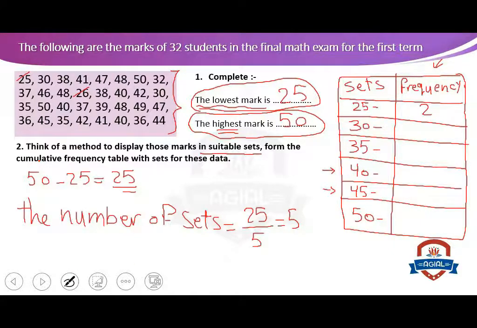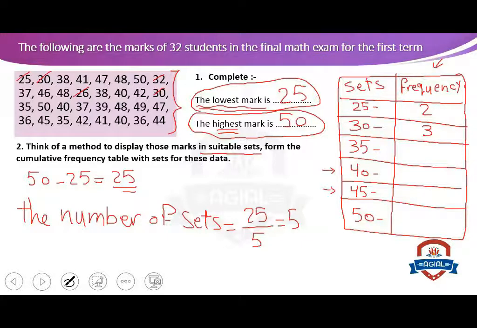If we look at the first row, we have 1, 2, and in the second row we have 1, so we have 3 students. And in the third and fourth rows we don't have any marks between 30 and less than 35, so we have just 3 students.